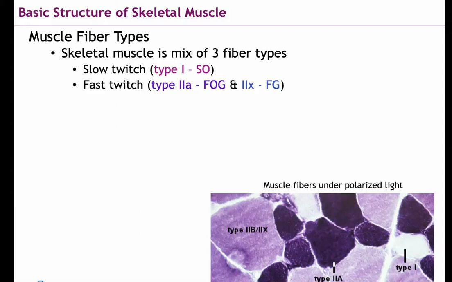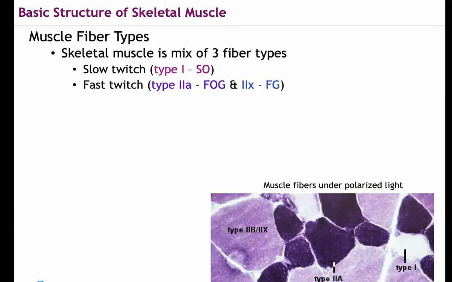And then fast twitch, we have type 2A, which is the FOG. F stands for fast, O stands for the oxidative, same thing, and G stands for glycolytic, which means glycolysis. So oxidative literally means aerobic metabolism, and glycolytic means glycolysis. And then type 2X is just fast glycolysis.